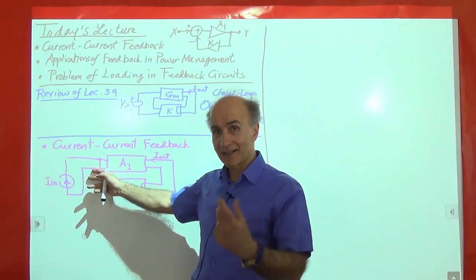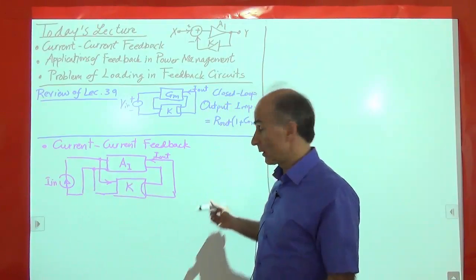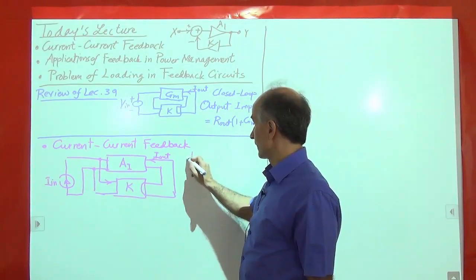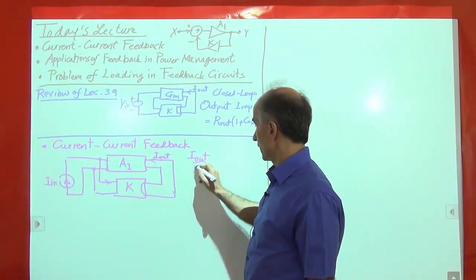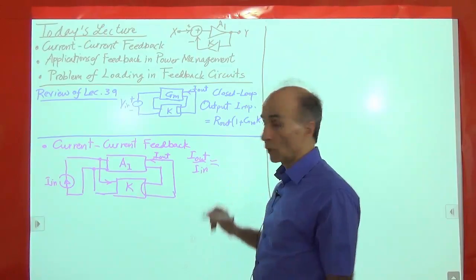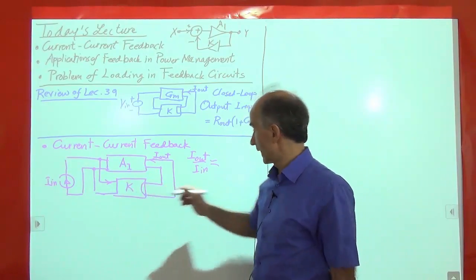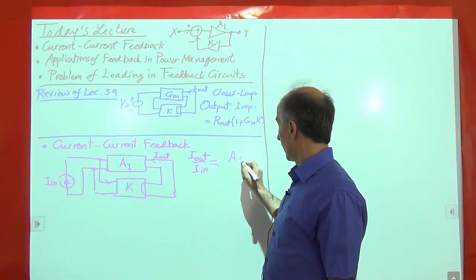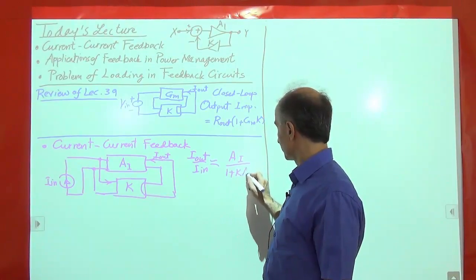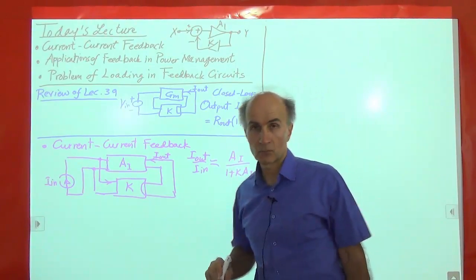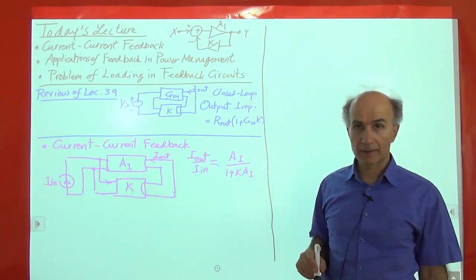So our prediction is that the closed loop gain, I out over I in, is the open loop gain, the gain of this guy, divided by 1 plus the loop gain, right? 1 plus K AI. So that's true for any negative feedback system.